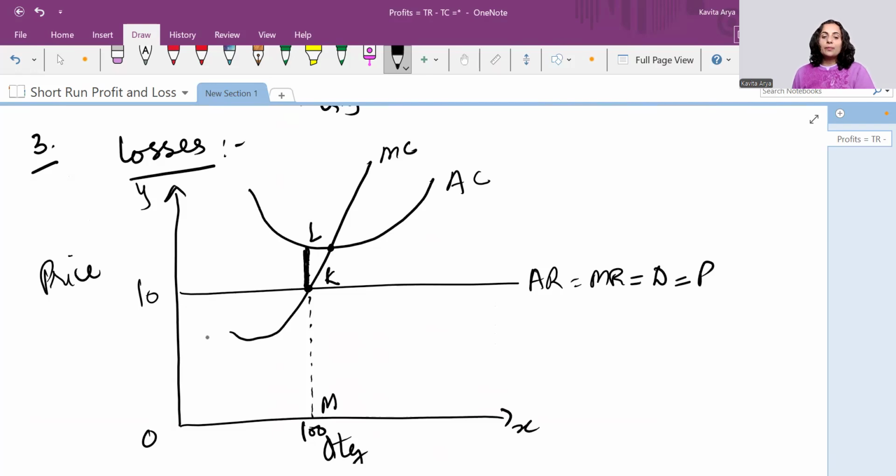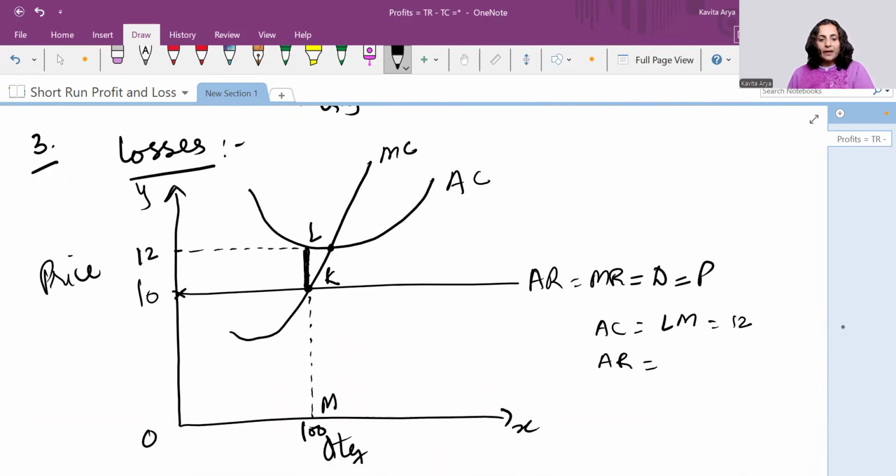So what is going to be per unit cost? Per unit cost AC is equal to LM, right? Say this is 12, right? And I'm trying to make it this way. So this is 12 per unit, right? And if AR is to be found, AR is at 10.